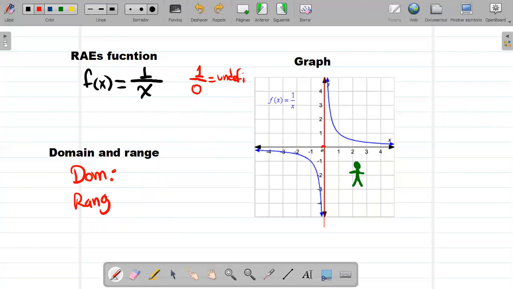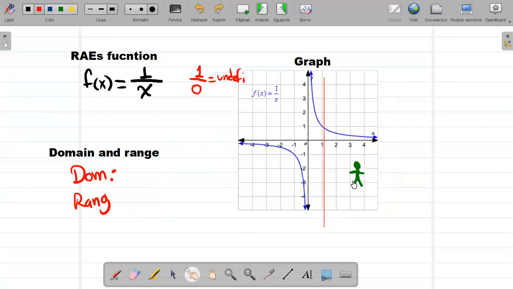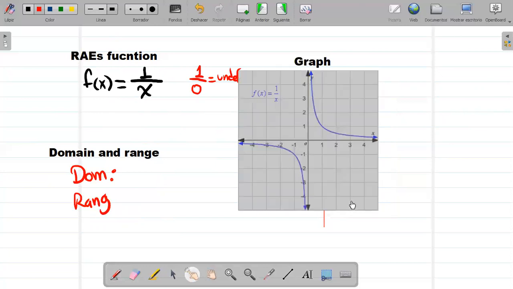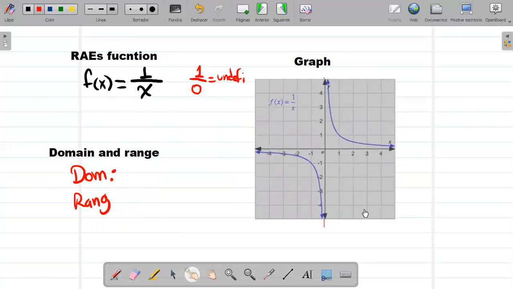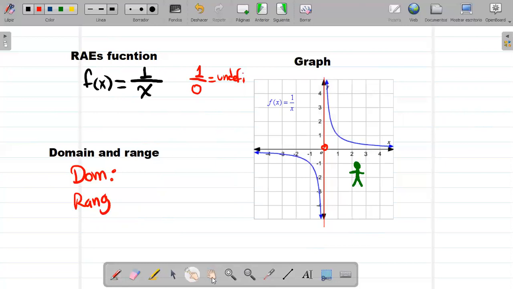Here we're gonna have a space where this guy we have over here in the graph, the alien we said, or whatever we want to call it, can pass freely through there.